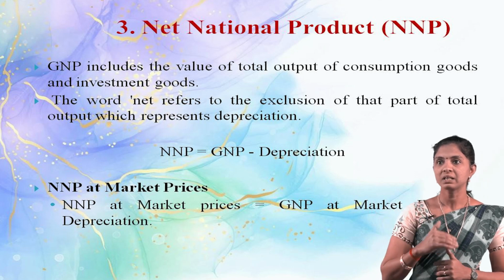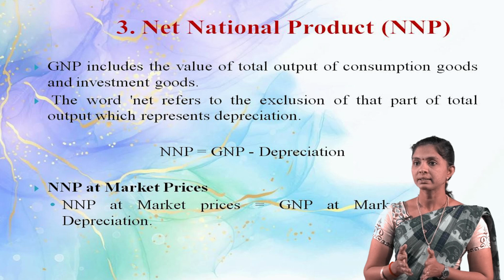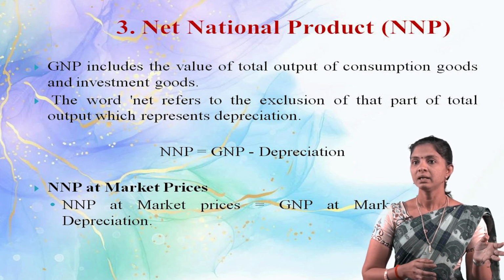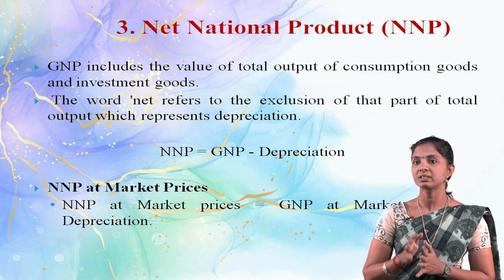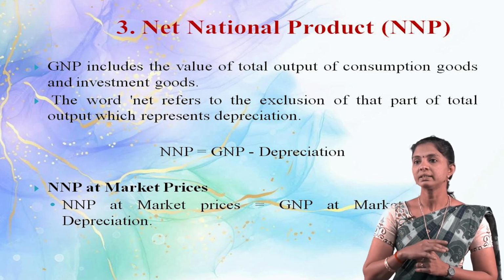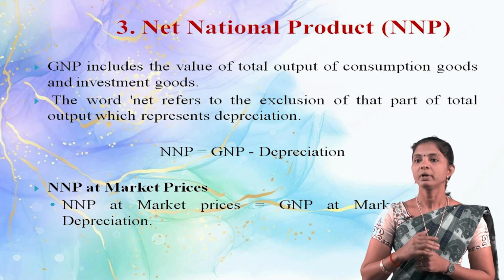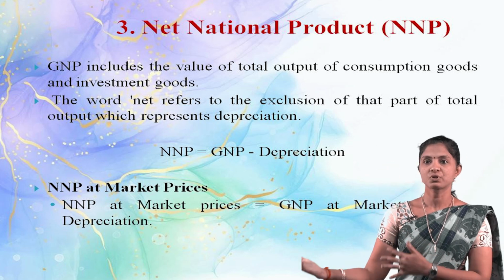Then, what is net national product at market price? Net national product at market price is the net value of final goods and services evaluated at market price in the course of one year in the country. So, NNP at market price equals GNP at market price minus depreciation.